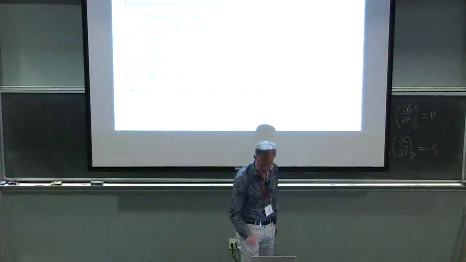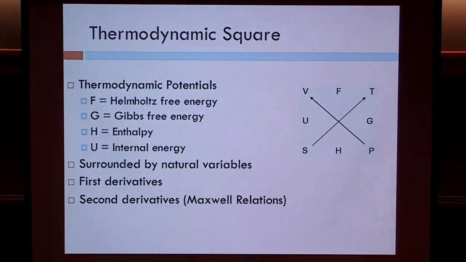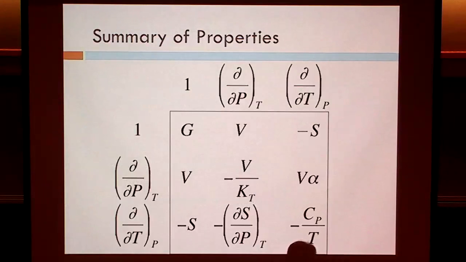Okay, Thermodynamic Square. Not a comment on the personalities of thermodynamicists. Right? Okay. This is another way to summarize the various properties that we're dealing with. We can think of constructing a matrix where you have operators along the top and along the side.